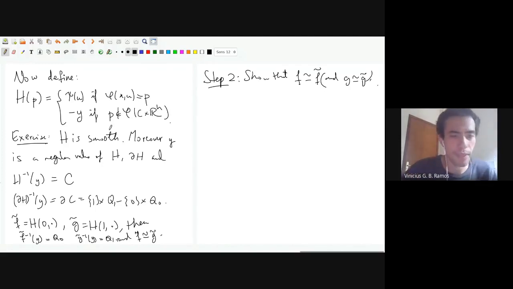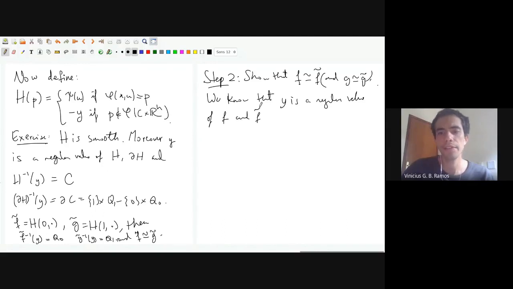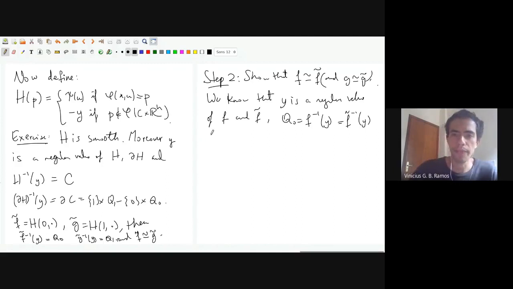So what do we know? We know that y is a regular value of f and f tilde, and that q0 is the preimage of y by f and is also the preimage of y by f tilde, with orientations coinciding.